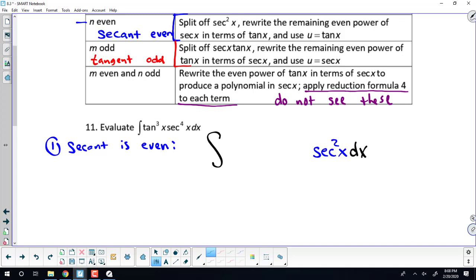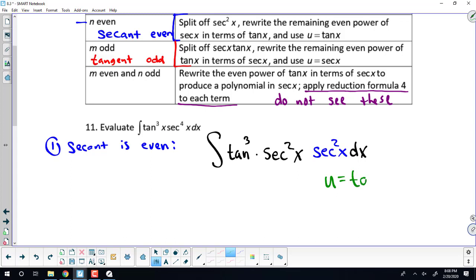So we split off a secant squared when secant is even. We have tangent cubed x times secant squared x. Okay. So our u should be what? Tangent.